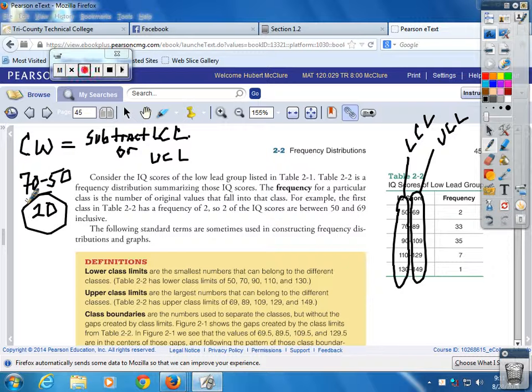And that is your class what? Class width. Your class width is 20. Now that is the most important number, because you can find all your other things just using the class limit.